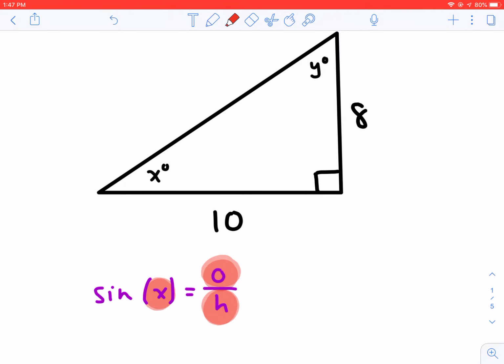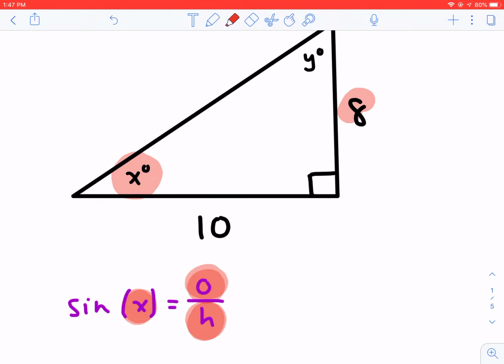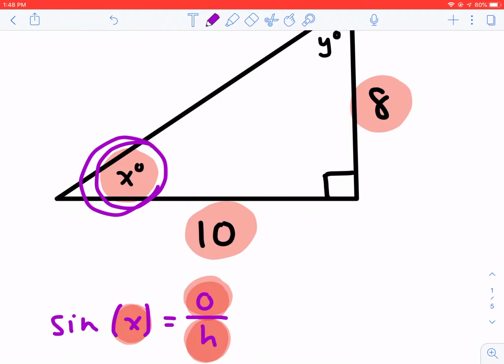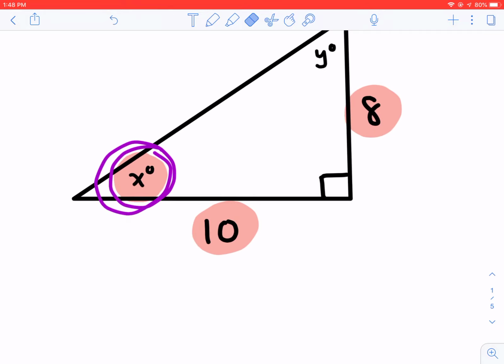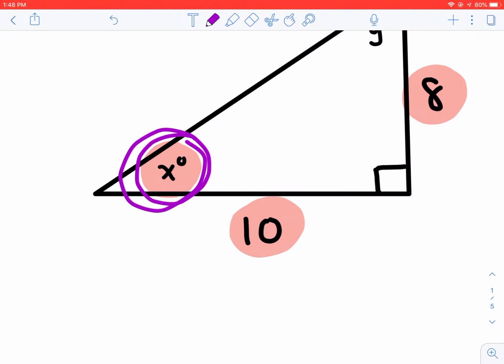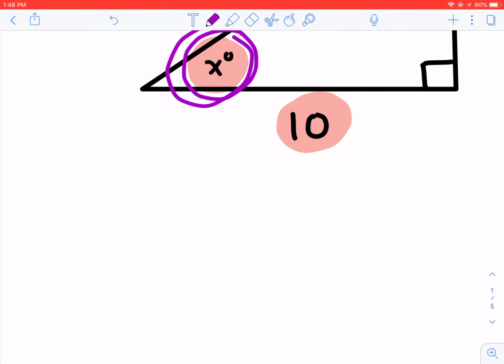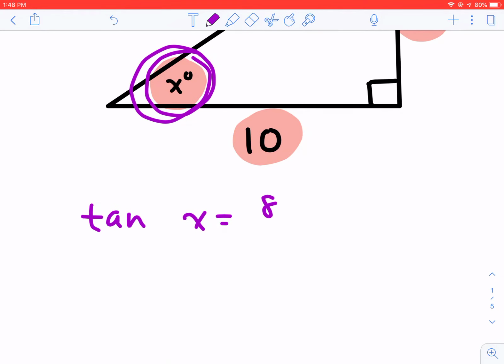So if I'm looking for the value of x here, that angle, well, we have 2 sides with that angle. So if I'm trying to find the value of x here, let's think about which trig function I should use. I know the opposite side, and I have the adjacent side, so I'm going to be using tangent. So we can say tan of x is equal to opposite over adjacent.